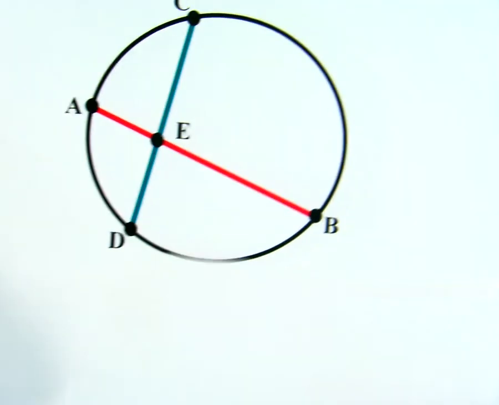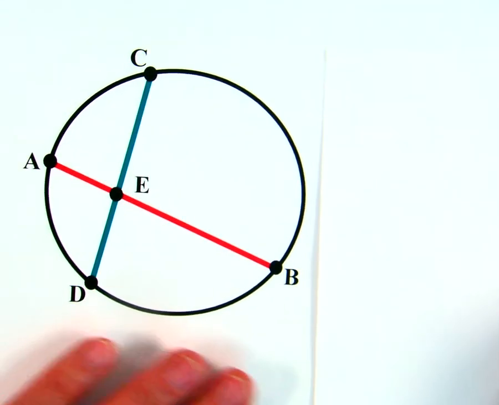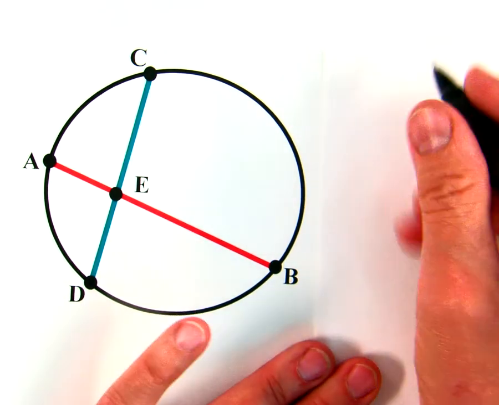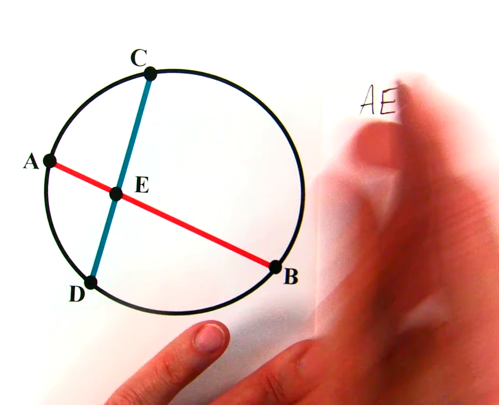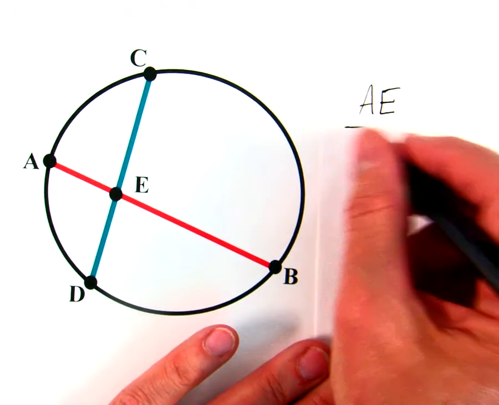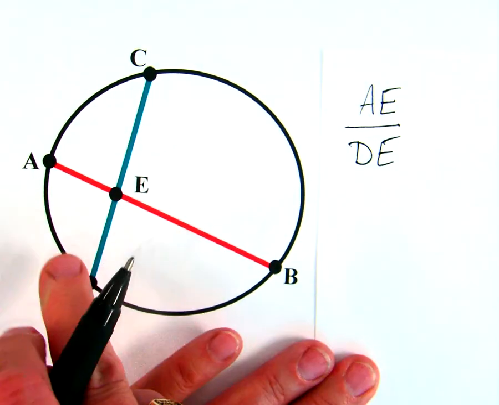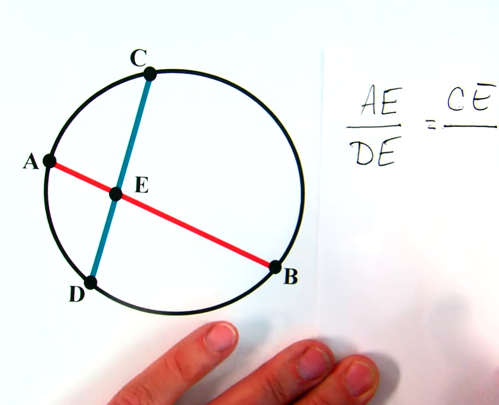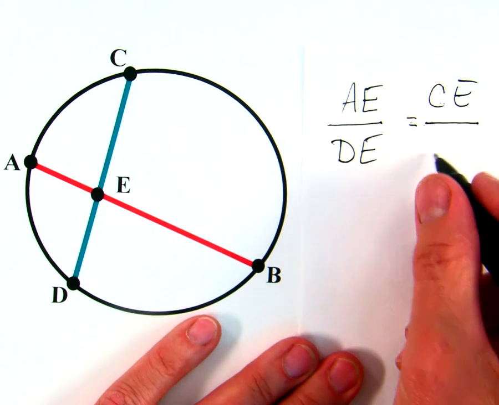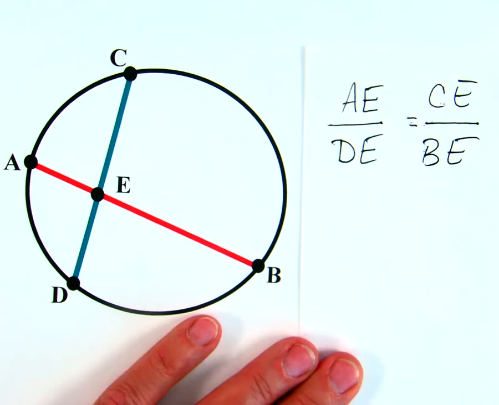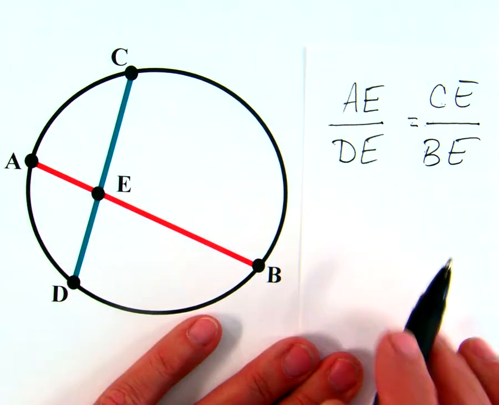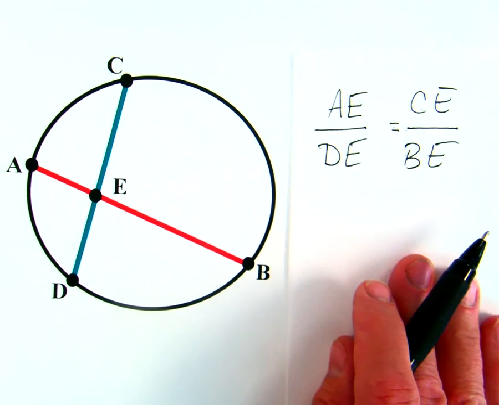What I would do, I would put AE, which is the top left, is to DE, bottom left, as CE, top right, is to BE, bottom right. It would still be proportional. Again, the circle's round. It takes care of that. We'd have a proportion that looks like this.